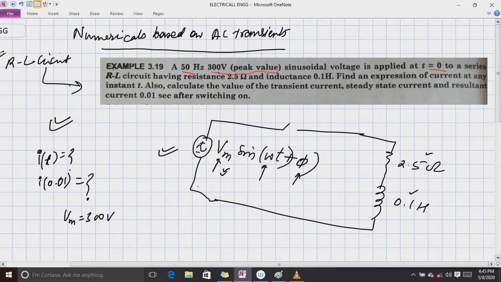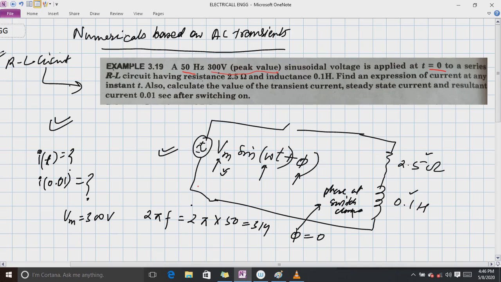Now what is the value of omega? Omega is 2 pi into frequency, so it is 2 into pi into 50 hertz, which comes around 314. And what is the value of phi? Phi will be 0 here. Why 0? I told you, phi is the phase at the closing instant, at switch closing.